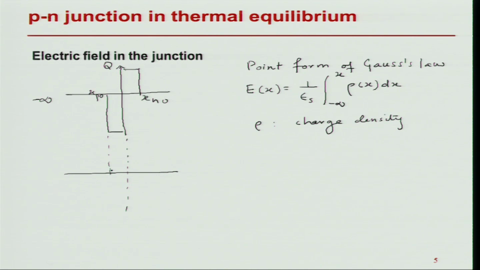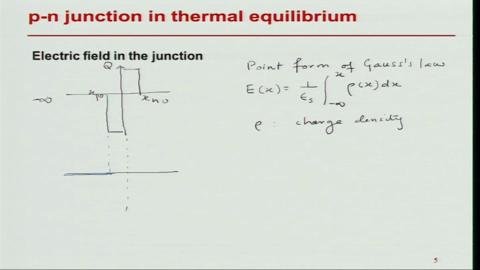So, if I were to plot this, the field is 0 up to x p 0. Now, what is happening is, as I go further, integrated for values less than x p 0 up to 0, I am going to have a negative charge multiplied by, because this is uniform doping as we have assumed, the distance I am going to move.